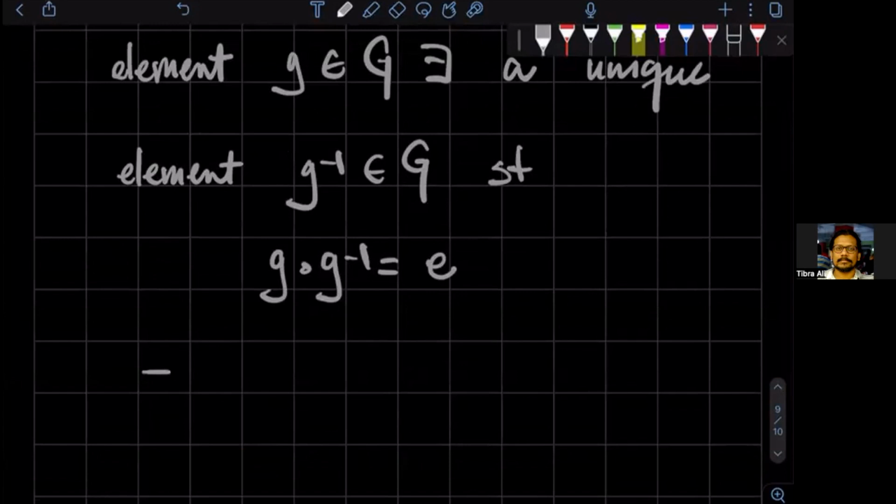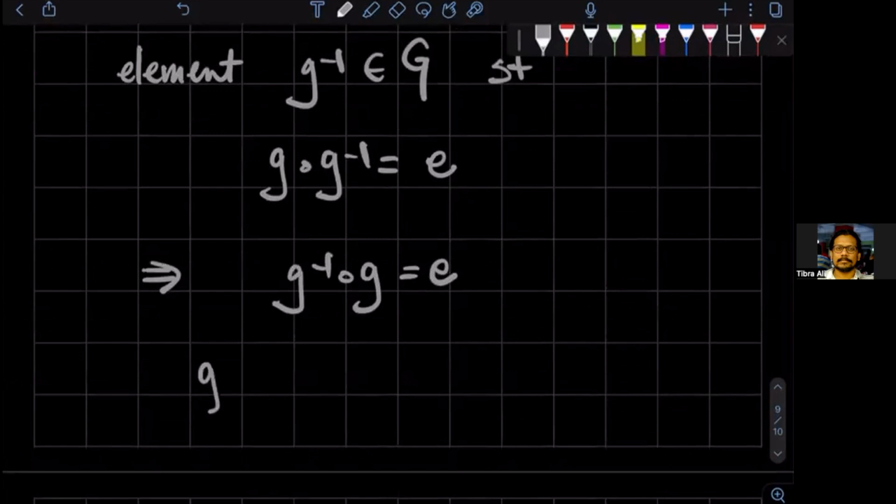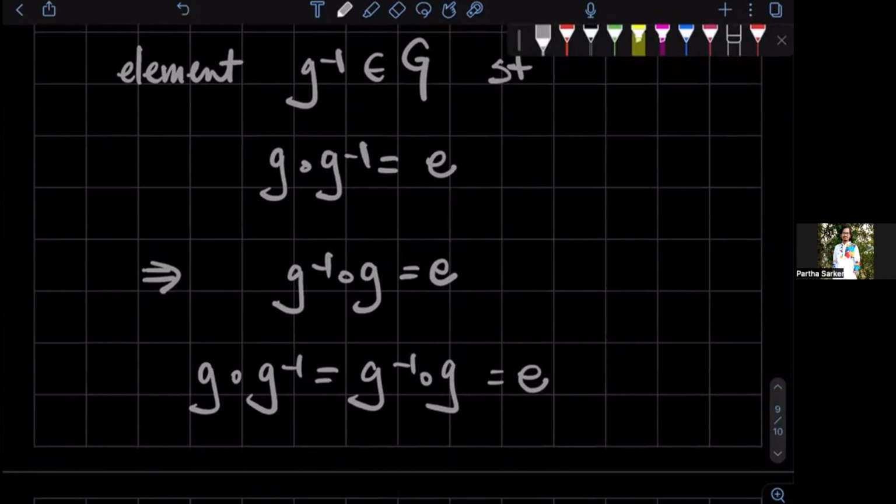And if this is the case, you can also show that G G inverse is also the identity. In other words, G inverse G is equal to G G inverse is equal to E. Okay. Now, any questions?